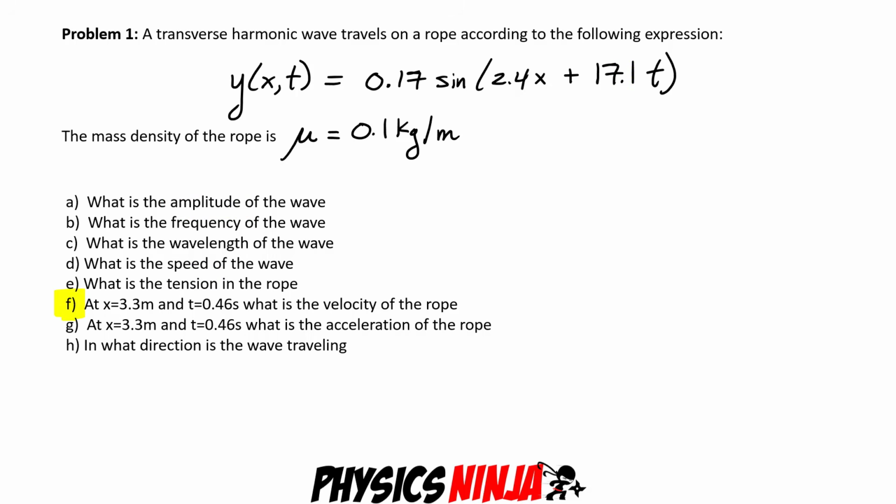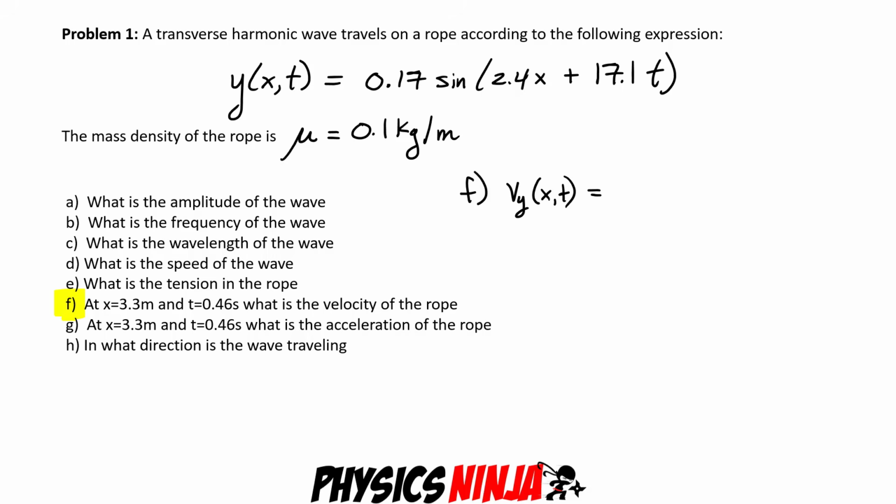Problem F says, at this specific position and that time, what is the velocity of the rope? We're looking at just a small segment of rope, and we're really looking at the vertical velocity as a function of position and time. This expression gives me the displacement.